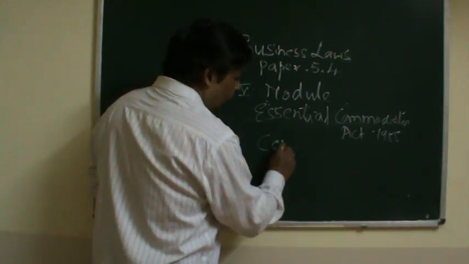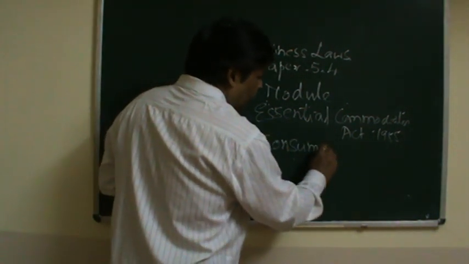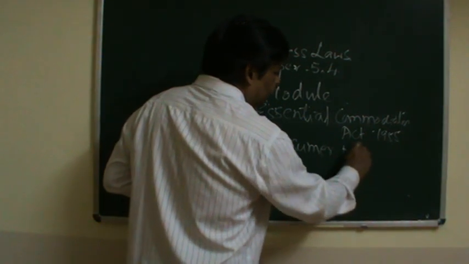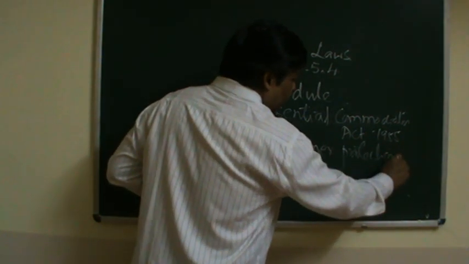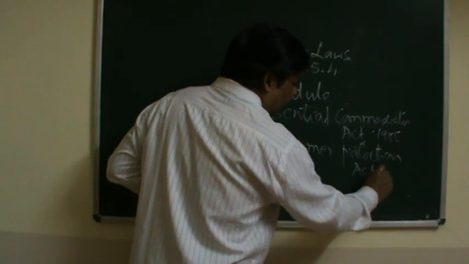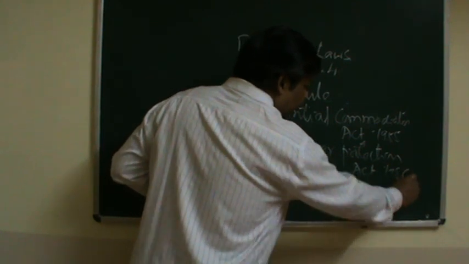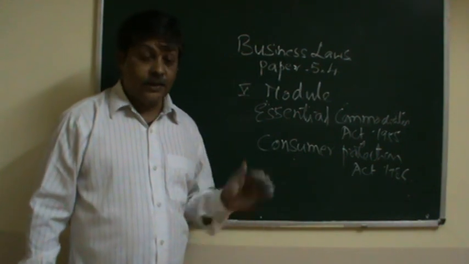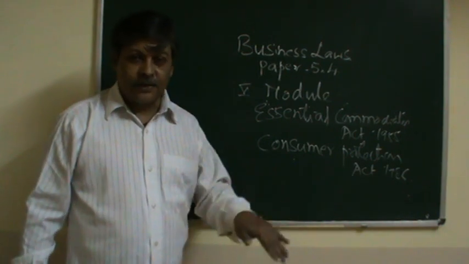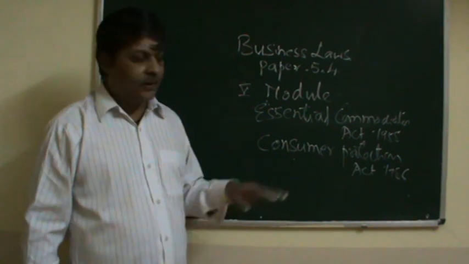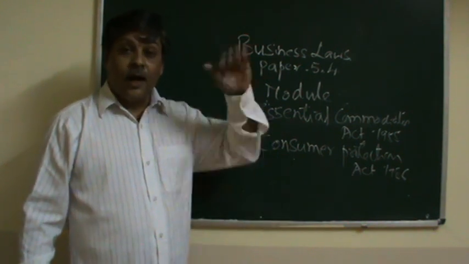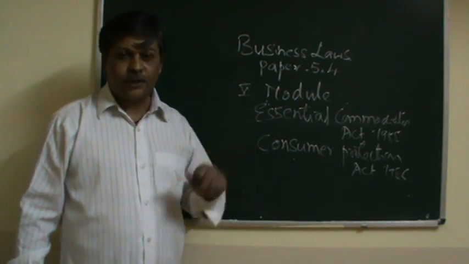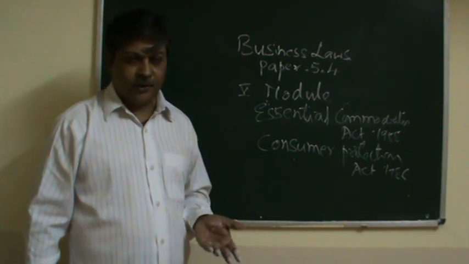Then we are going to study the Consumer Protection Act, 1986. So who is a consumer? What are the rights given to the consumer by this act, and how are his interests protected against exploitation by the manufacturers?